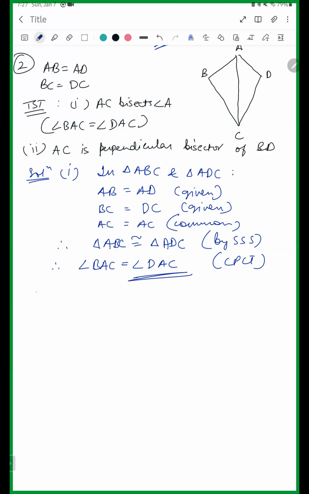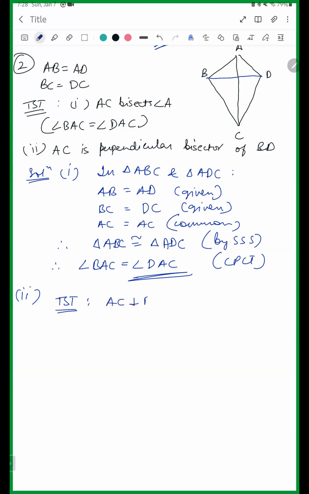Now the second part. We have to show that AC is perpendicular bisector of BD. You have to show two things here. First, that AC is perpendicular to BD.